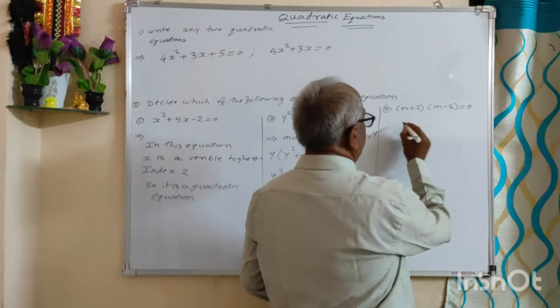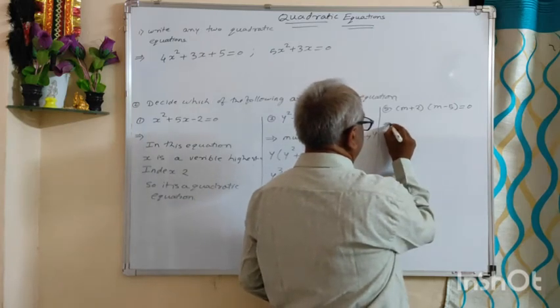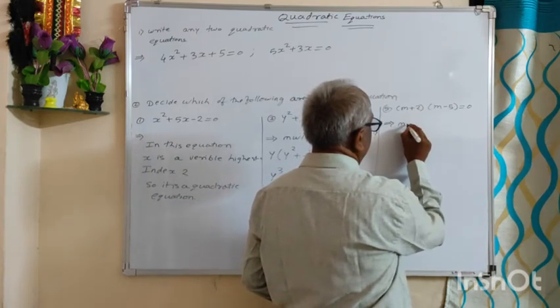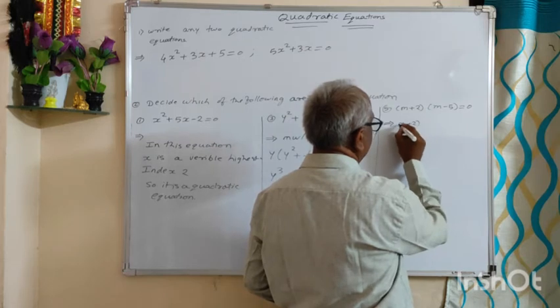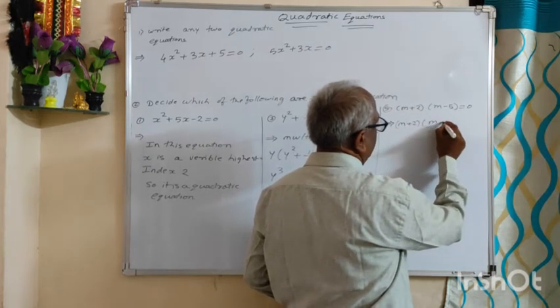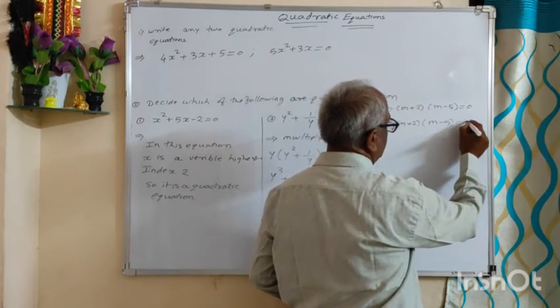Now fifth example, m plus 2 into m minus 5 is equal to 0.